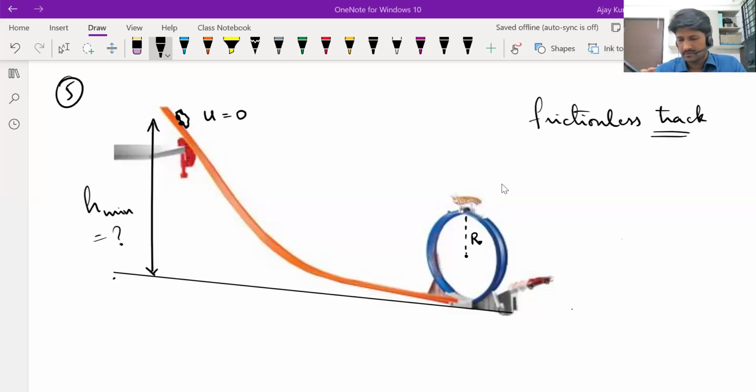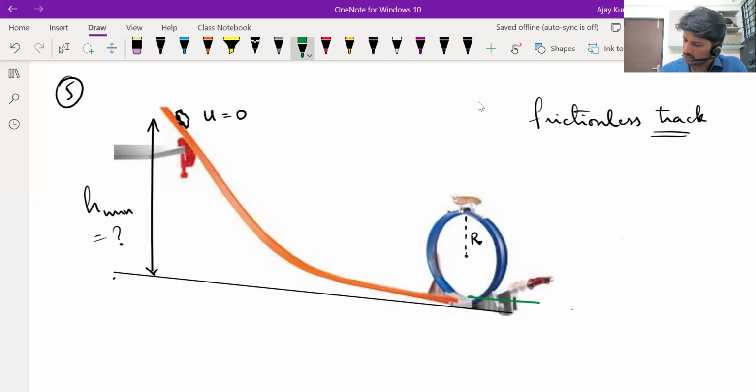Okay, listen. What do we know about the requirements to complete that loop? What is needed to complete that loop? The velocity should be greater than root 5gl. Okay, it needs a certain minimum speed to complete the loop.